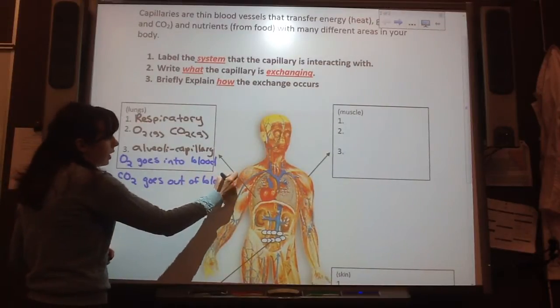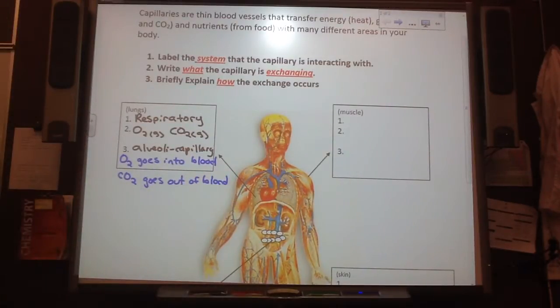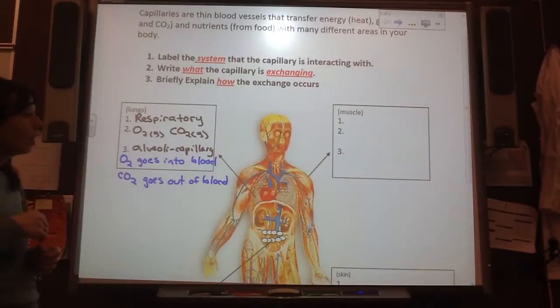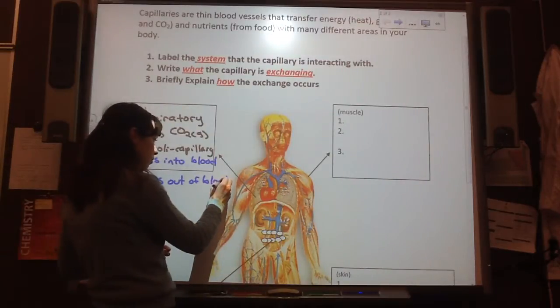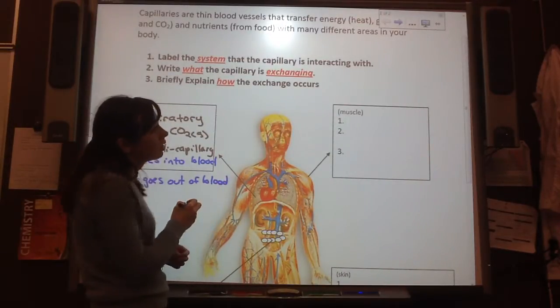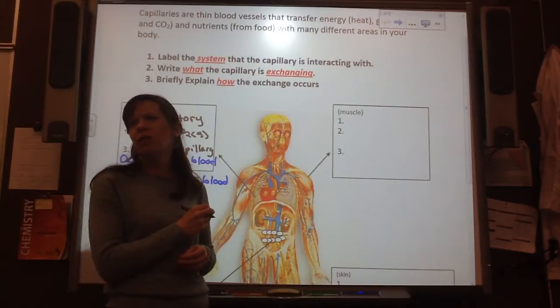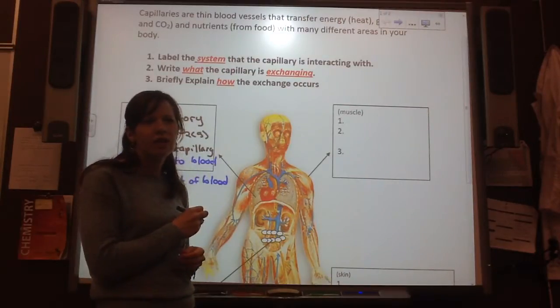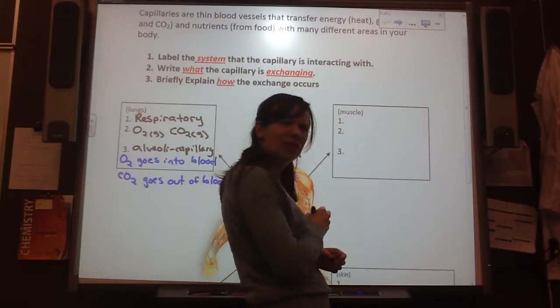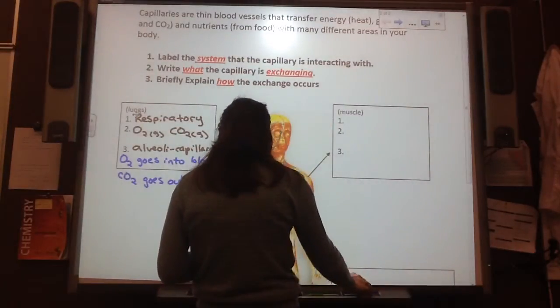So that's a really summarized idea of what we've already taken a lot of notes on. So then muscle, which I think I spelled wrong. No, I think you did it right. Is the C before the S in muscle? No, it's right. Okay. Sometimes I have a hard time spelling.